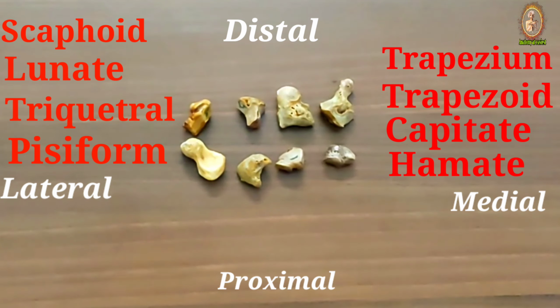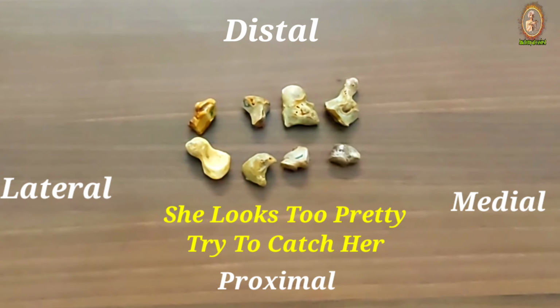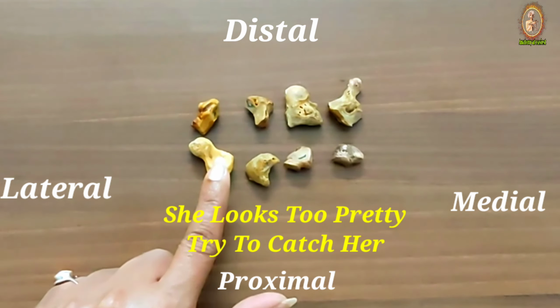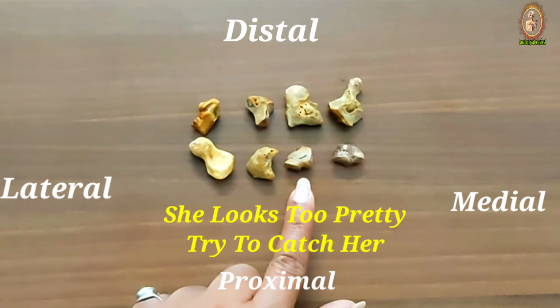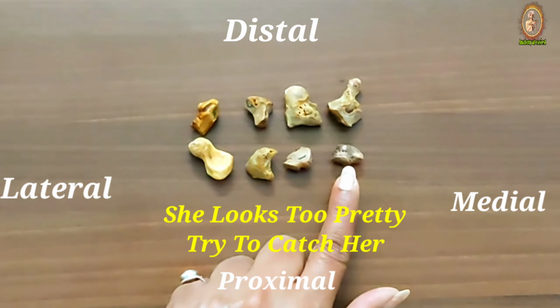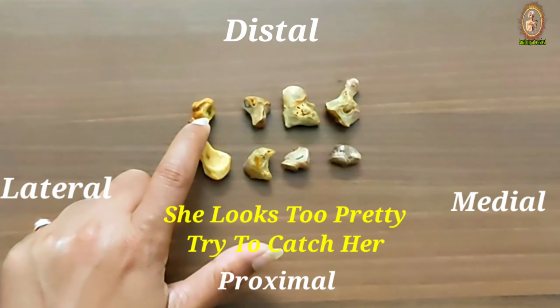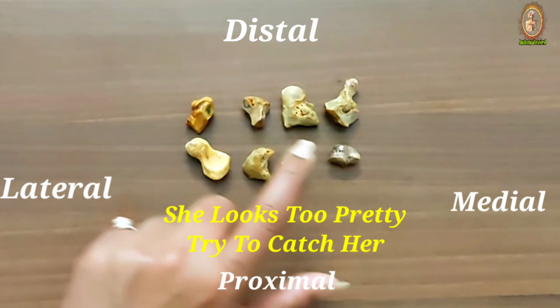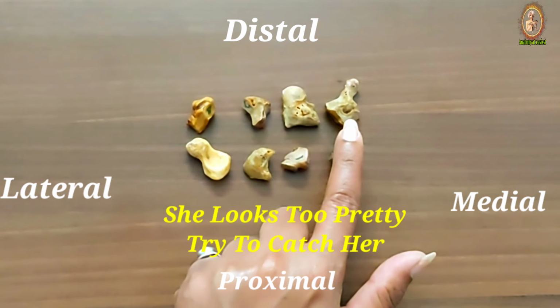For easy learning the names and their arrangement, you can learn a mnemonic, that is, she looks too pretty, try to catch her. She, S means scaphoid, looks, L means lunate, too, T means triquetral, pretty, P means pisiform, try too, 2 T's, first is trapezium, then is trapezoid, catch, C means capitate, and her, H means hamate.